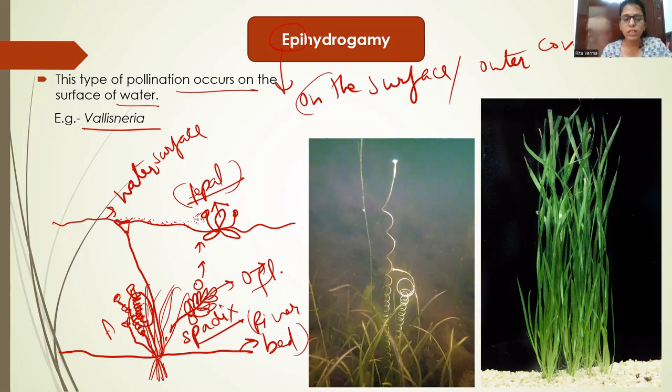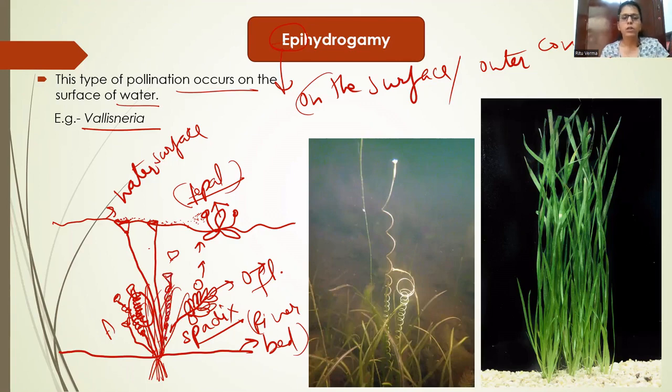Now these pollen grains can easily come and pollinate the stigma. They can sit on the stigma. Once the pollination process takes place and completes, the female flower will come down again, and the stalk of the female flower will sink.